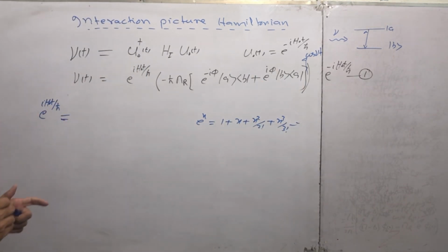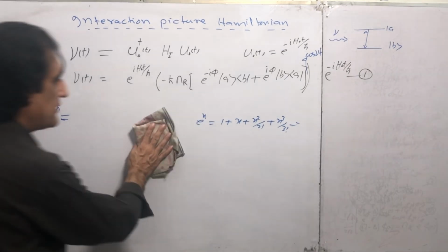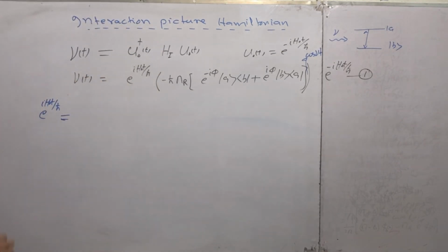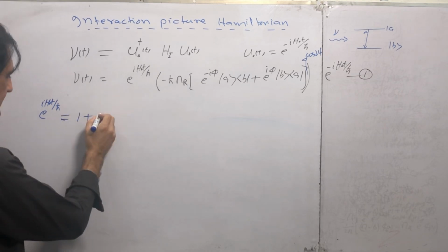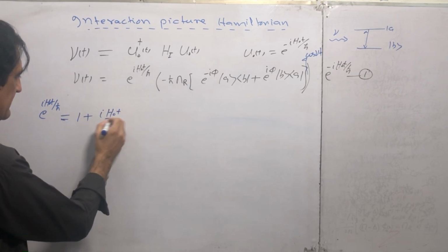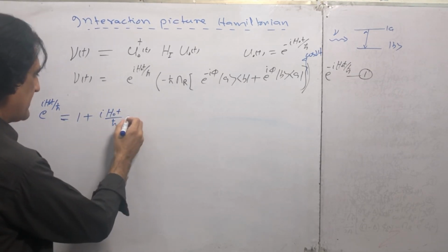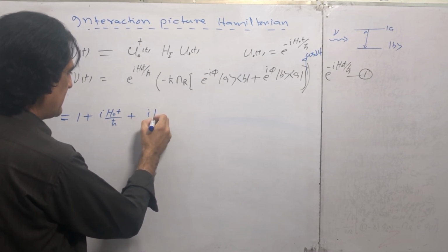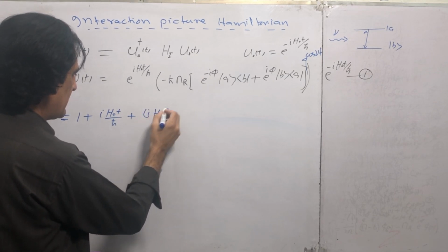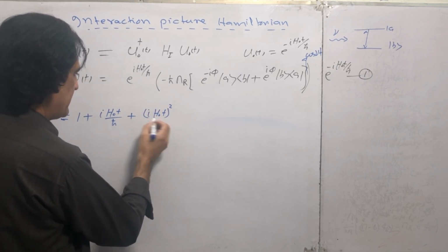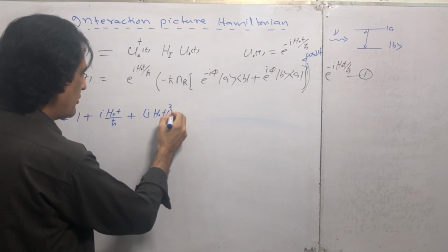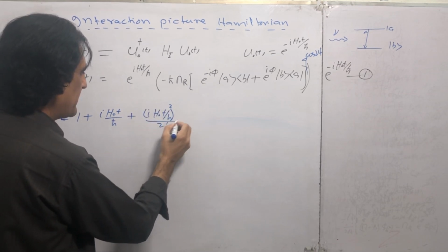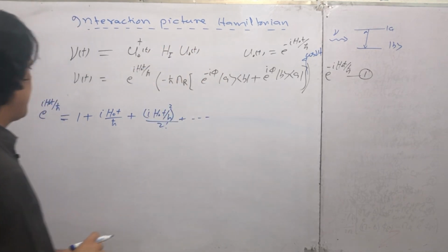So we can expand the exponential: 1 plus i H naught t divided by h bar plus (i H naught t) whole squared divided by h bar squared, divided by 2 factorial, and so on.